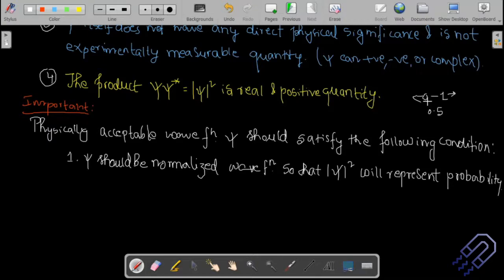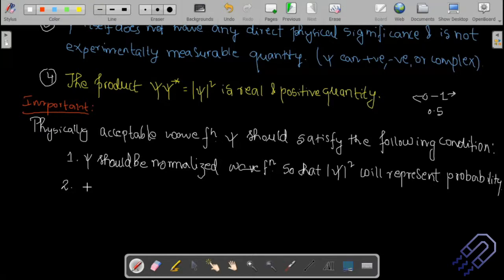So that's the reason that we should actually normalize psi. That means whatever may be the value of psi star rather, because psi has no physical significance, this psi square must be equated to 1. This total probability should always be equal to 1. So I hope all of you remember your probability from class 12 maths if you have taken it up. If it's 0, zero probability.